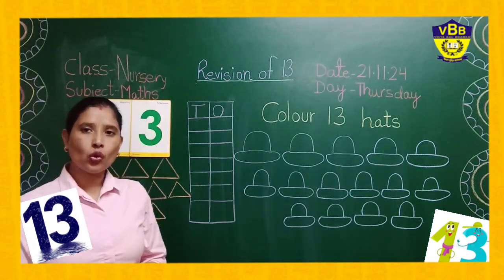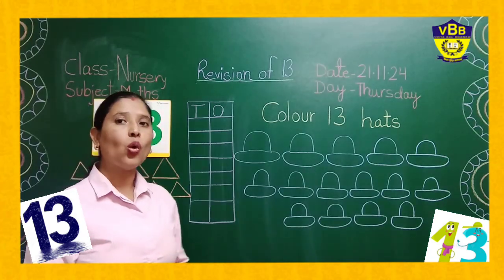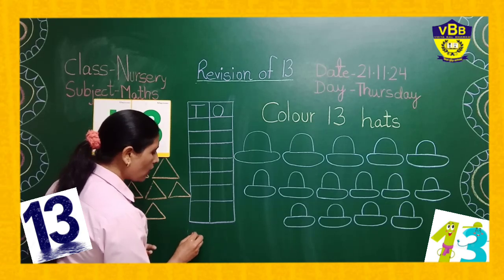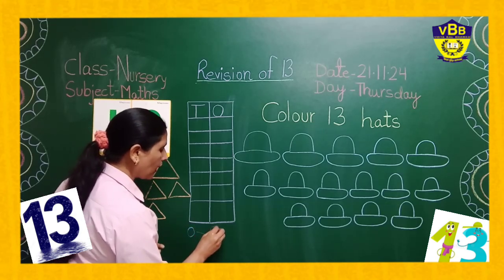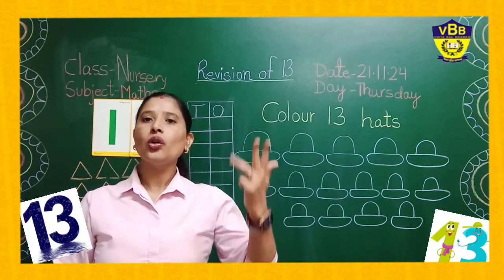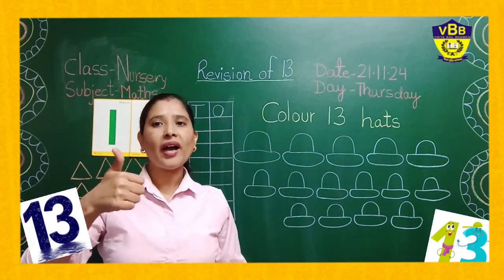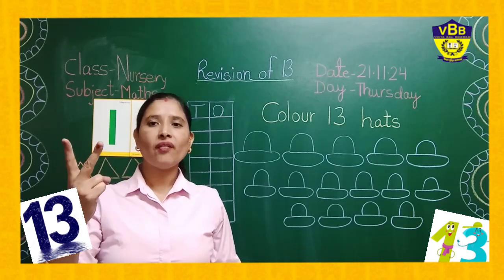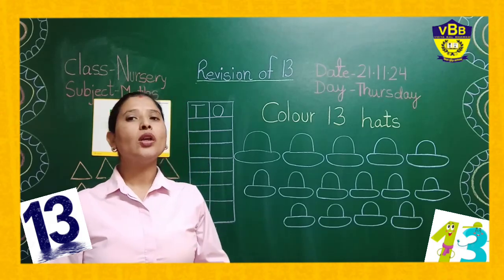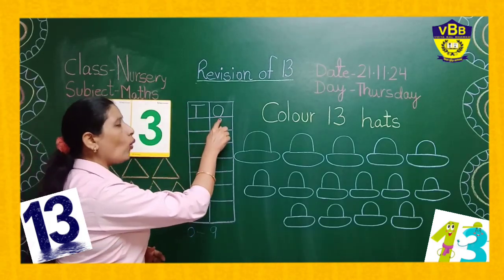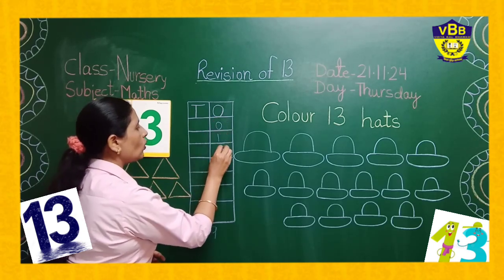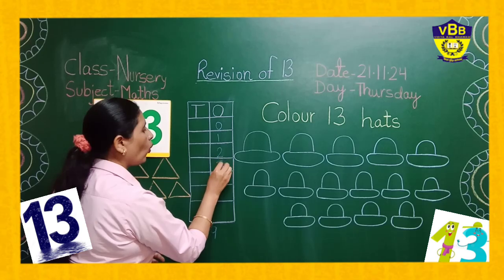Now I am going to explain to you about the writing part of numbers. My little tiny toes, the numbers which have only one digit start from 0 to 9. The numbers 0, 1, 2, 3, 4, 5, 6, 7, 8 and 9 have only one digit, so we always write them under the ones place.